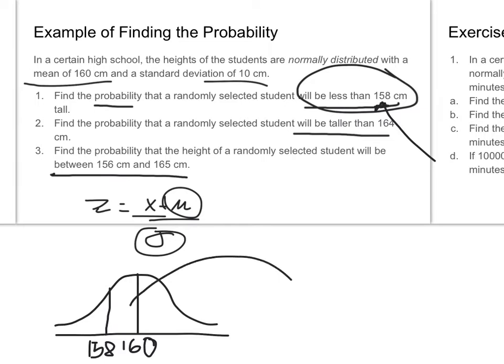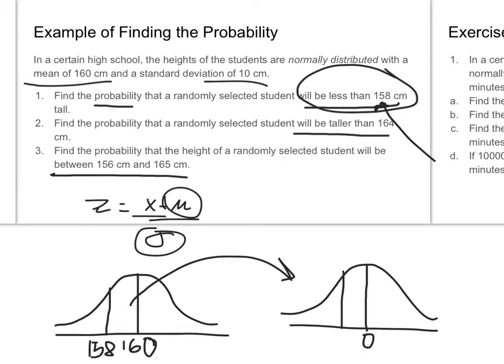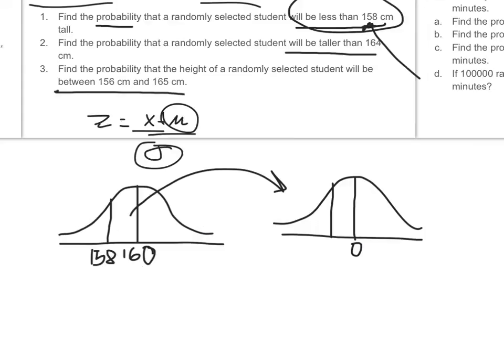So once you have the normal, you have to create a standard normal distribution, and that means 160 is now 0, and then you have to find the corresponding z-score for 158.